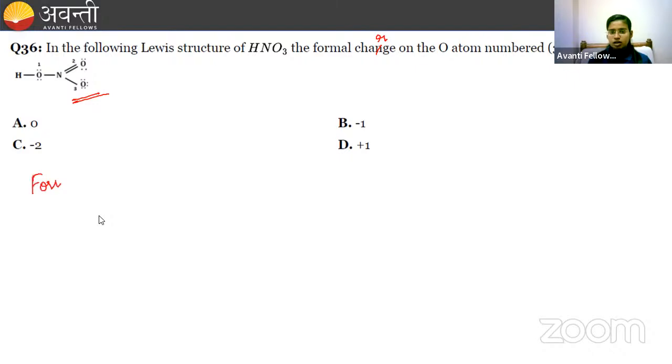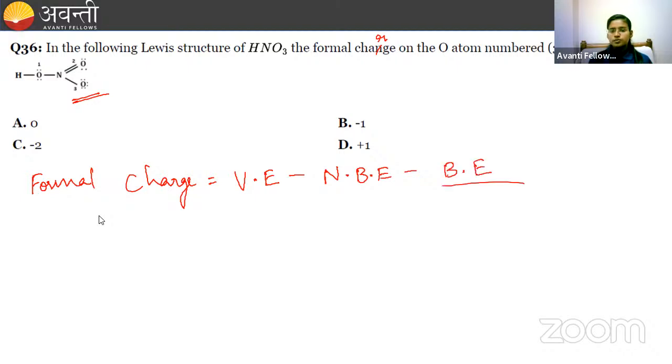Formal charge is equal to total number of valence electrons minus non-bonded electrons minus bonded electron divided by 2. So we are going to find out the formal charge of oxygen number 3. Okay.